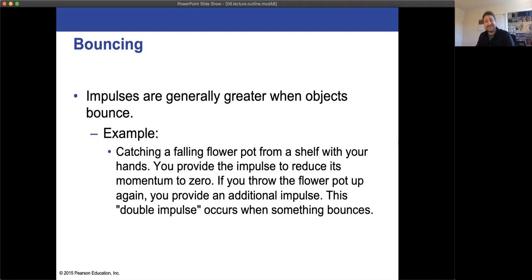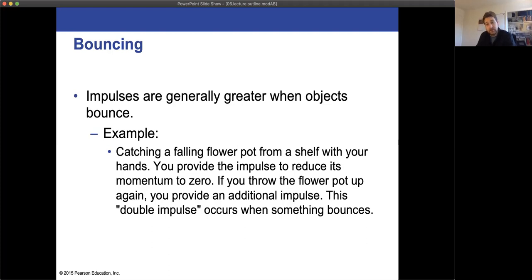If I use the putty, it'll stick to the door. So the door imparted some impulse, enough impulse to stop the momentum of the ball. That's it. Which means however long the collision between the ball and the door lasted, the door was subject to that much force associated with how much force it used to stop the ball.